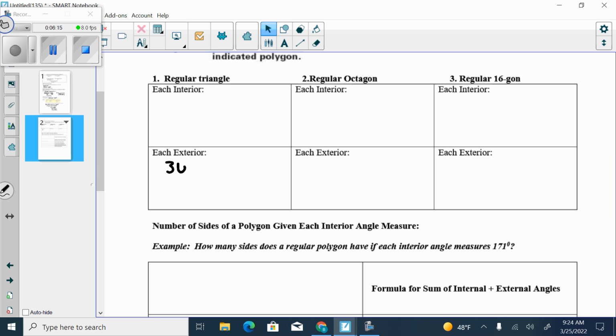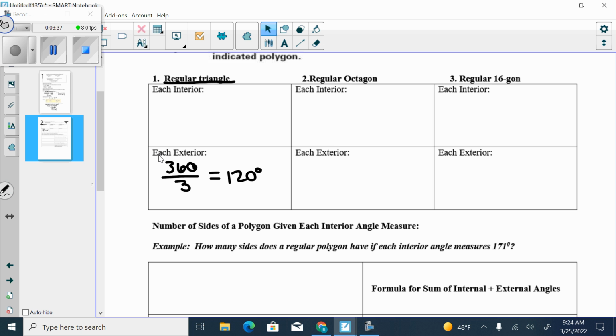So that'd be 360 divided by, they said this is a regular triangle. How many sides does a triangle have? Very good. So what is 360 divided by 3? Very good. So apparently each exterior angle in a triangle is 120.